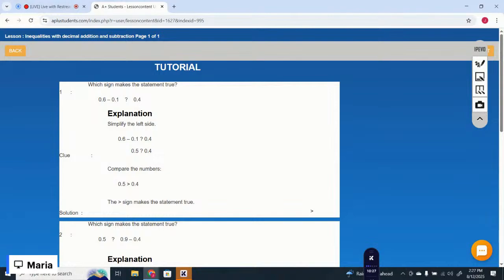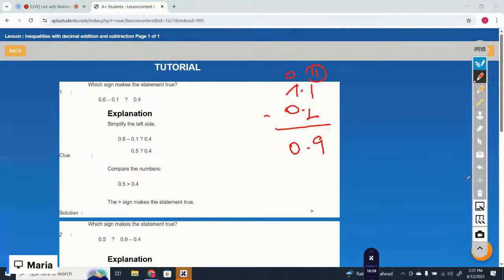So we need to compare these things, right? First thing you need to do is 0.6 take away 0.1, that is 0.5. Now you have to compare 0.5 and 0.4. So 0.5 is greater than 0.4.